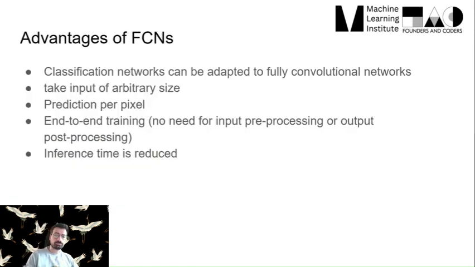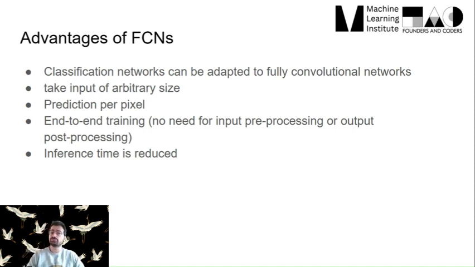And so the advantages of FCNs, as I mentioned earlier, are that they can take input of arbitrary size, they make predictions per pixel, end-to-end training, and what's really good is that inference time is even further reduced. As you know, YOLO was pushing the state of the art in real-time object detection.